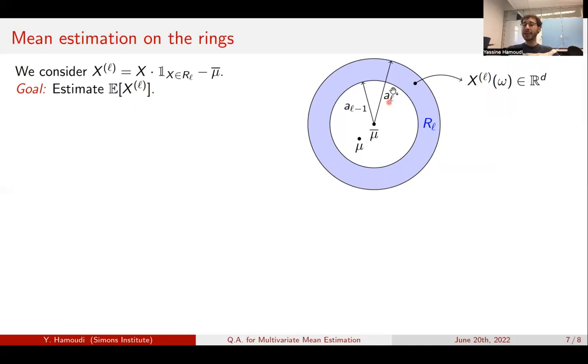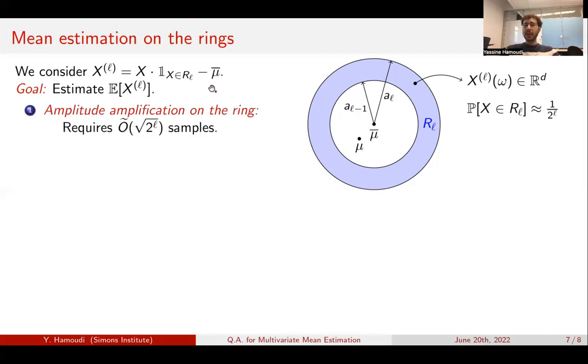A ring is defined as being an area of the ball between radius AL minus 1 and radius AL. So let's define XL to be the random variable obtained by truncating the value outside this ring. So we use the indicator function, which is 0 outside the ring, and we subtract the crude estimate U bar to center the distribution.